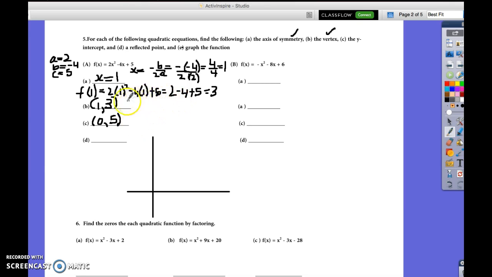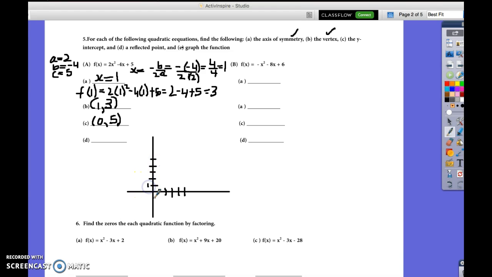And we start the graph with the vertex at 1, 3. So here I go. 1, 2, 3, 4, 5. It's going to do 5. And then 1, 2, 3, 4. Let's say 5 here.